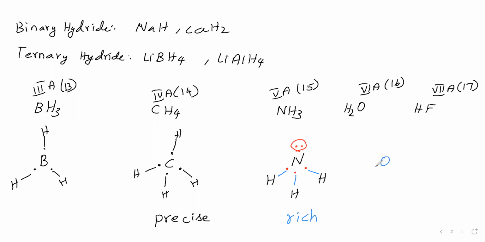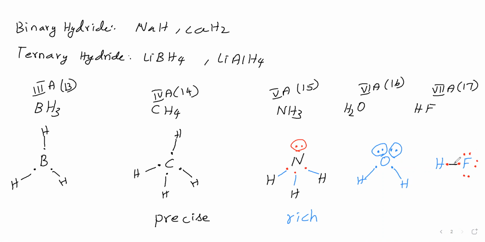Then water we will write. In water, oxygen is having 6 electrons in its valence shell. It is making bonds with hydrogen. Now we can say that it is also an electron rich hydride. HF we will take. In HF, the fluorine comes under 7A group. This valence shell is having 7 electrons. Hydrogen valence shell is having 1 electron.